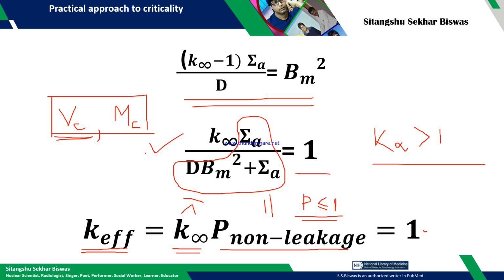But if the reactor core size is very small, then the background neutron count is not sufficient, and you need to introduce some external neutron source to kickstart the reactor.